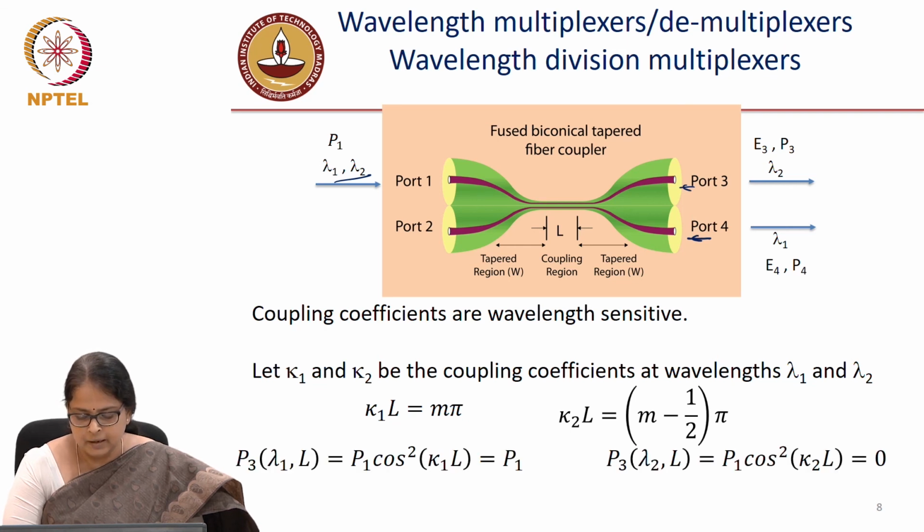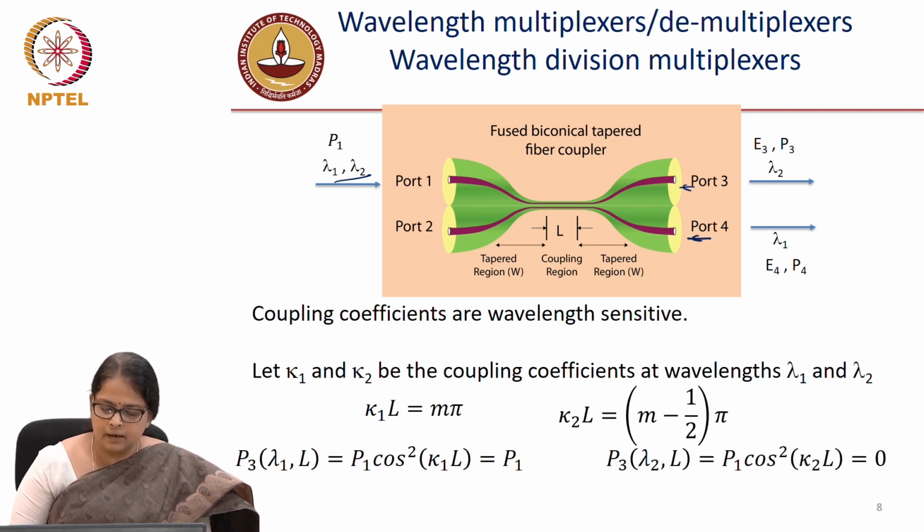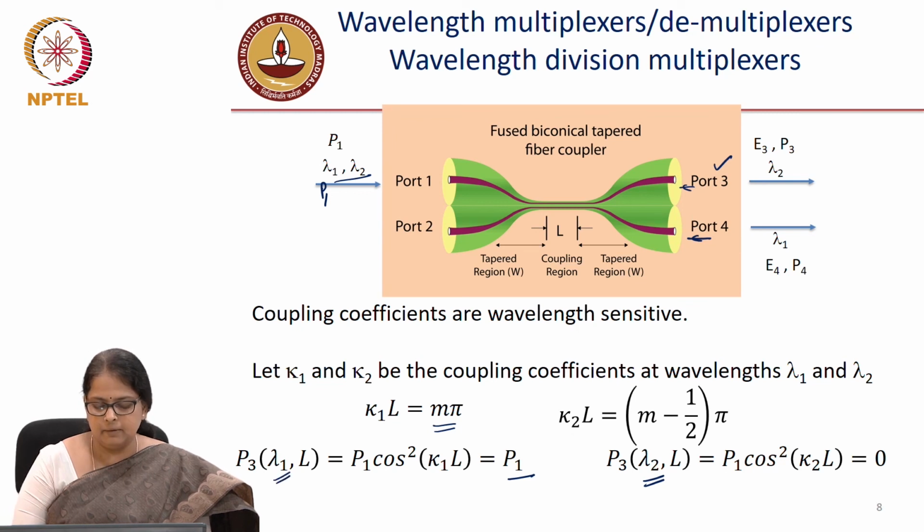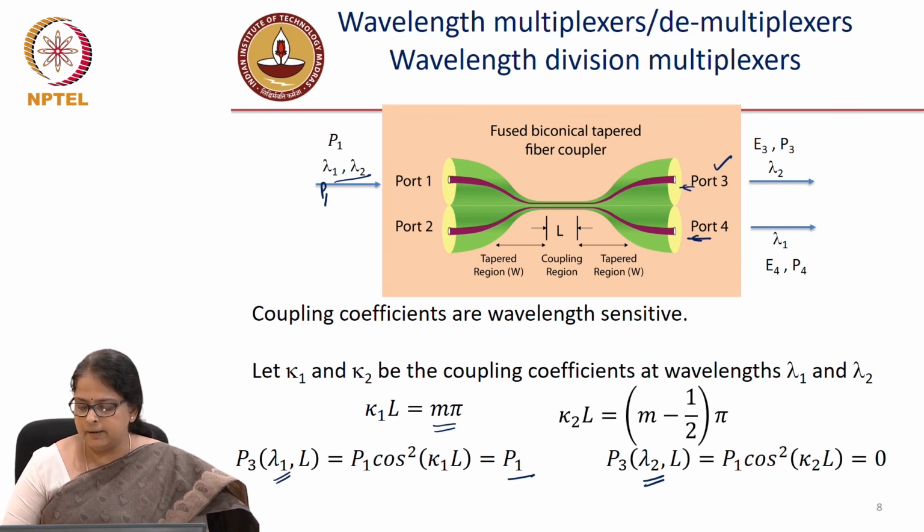which means that if you assume kappa 1 L as m pi, the power in this port is P1, where P1 is the power corresponding to lambda 1. Power in lambda 2 wavelength would be cos square of kappa 2 L, but kappa 2 L you have already assumed is m minus half pi, so that is equal to 0.